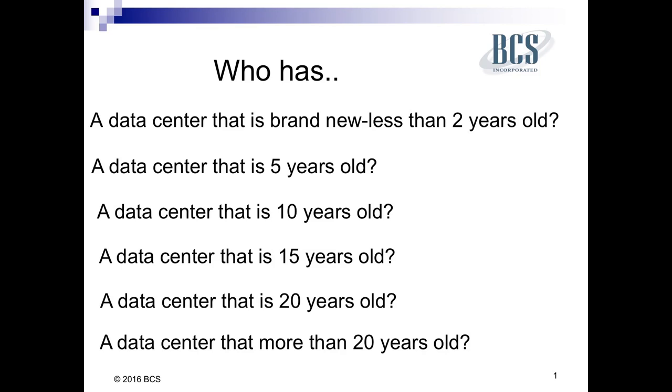Or I would expect there's many of you that have data centers that are 20 and 20 plus years old. So take a few minutes and click which of these choices is most appropriate to yourself. I'm going to minimize this and keep moving on the presentation.